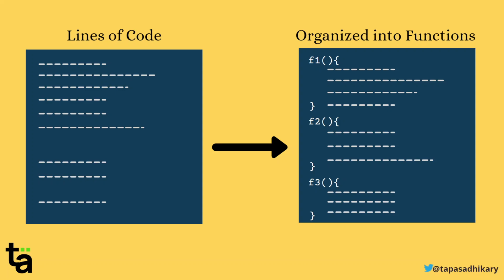But in real life programming, what we need to keep in mind is JavaScript has something called functions. And functions are first class citizens in JavaScript. What does it mean? It means you can create a function, you can modify a function, you can use a function as an argument of another function, you can return a function from one function, you can assign a function to a variable. So basically, whatever is possible in a programming language, you can do most of it with functions.